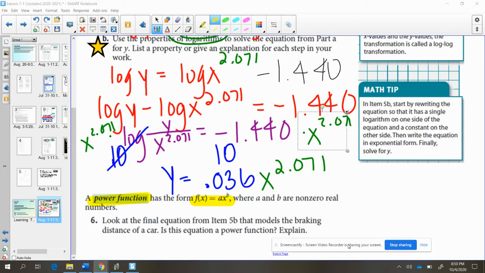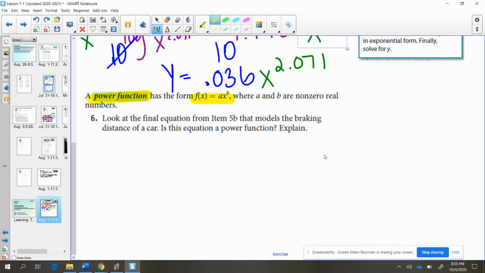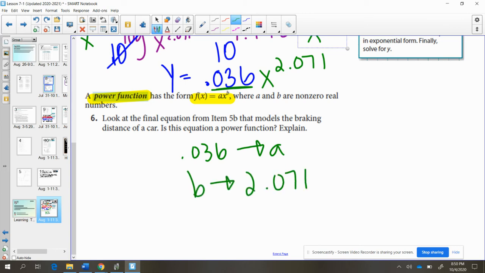This example here would be considered a power function because the 0.036 would be our a value, and our b value would be the 2.071. So we have that formatting of a power function from that last problem.